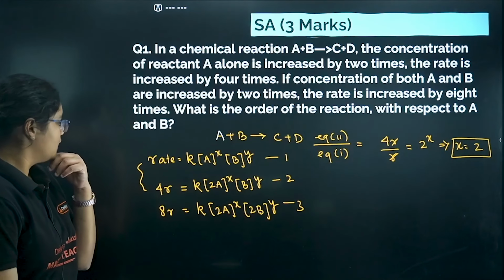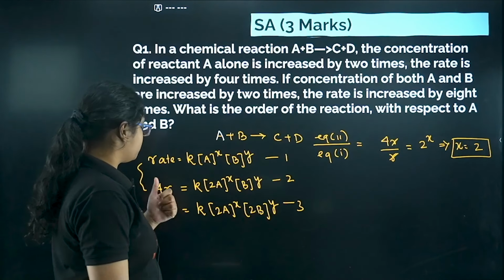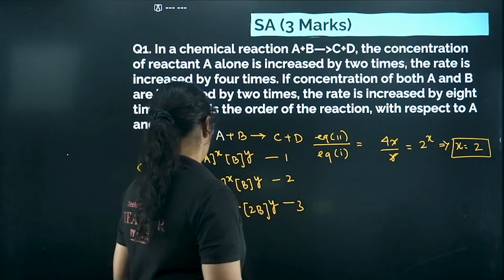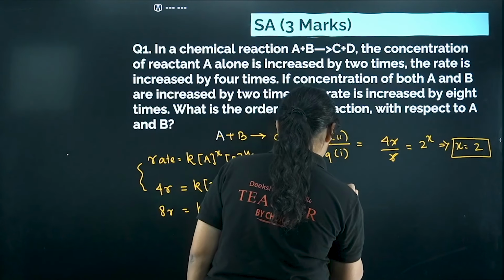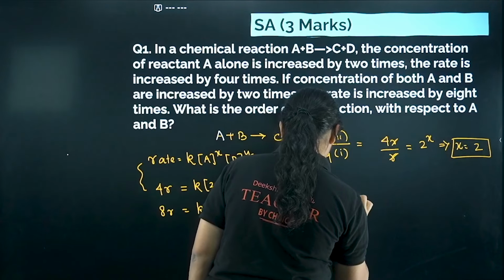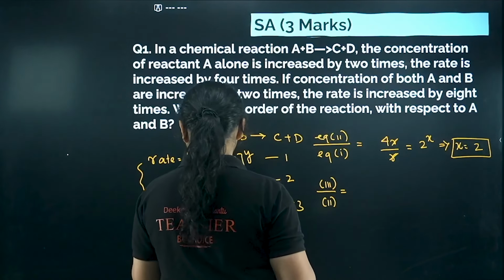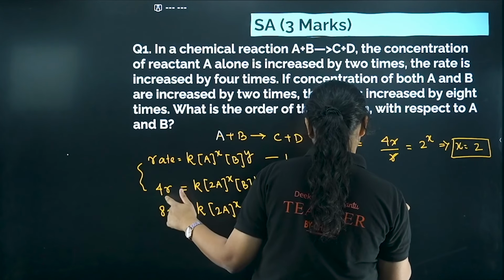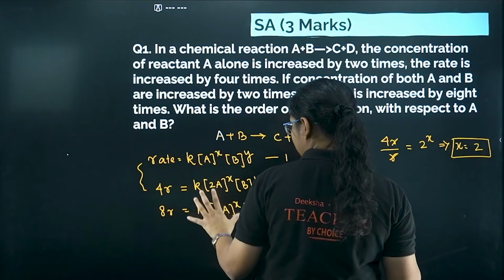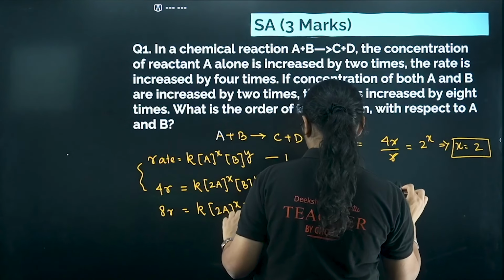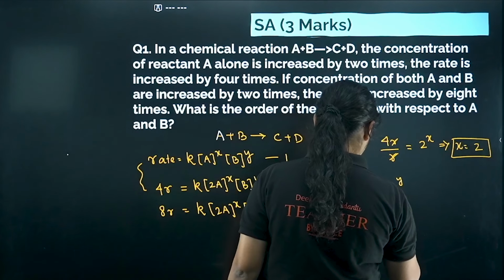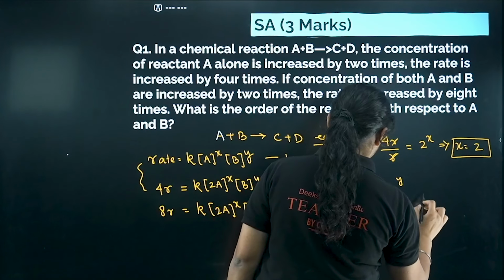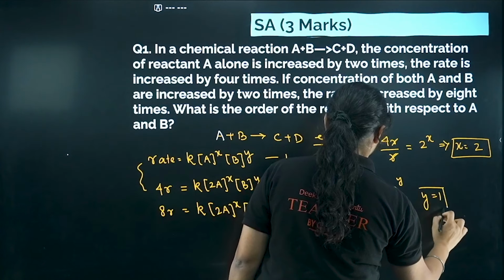That is done. Next we have to find y. So let us take equation 2 and 3, or divide 3 by 2. If I divide 3 by 2, it will become 8 by 4. Now all these things will get cancelled and you will get 2 to the power of y, so y is equal to 1.